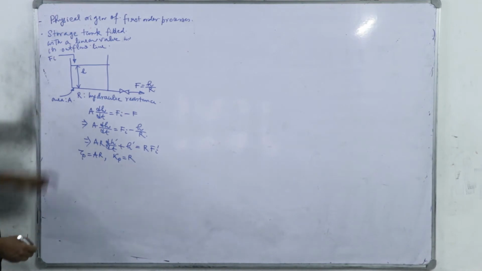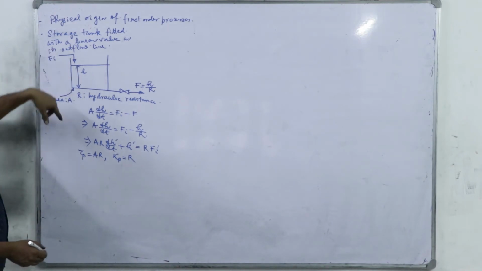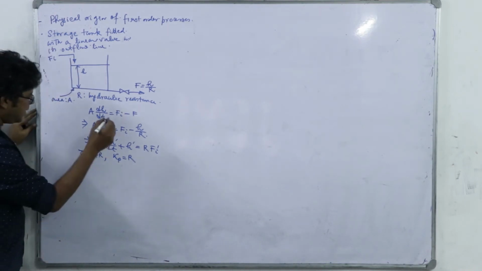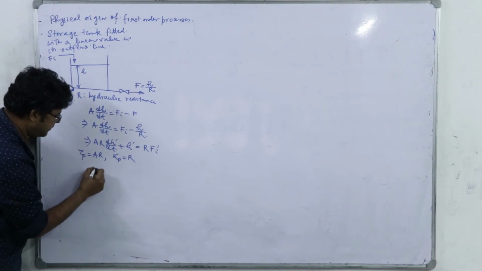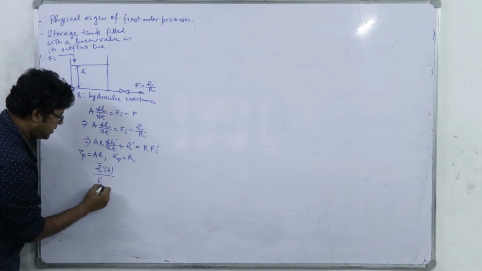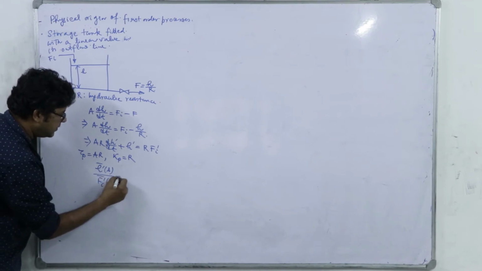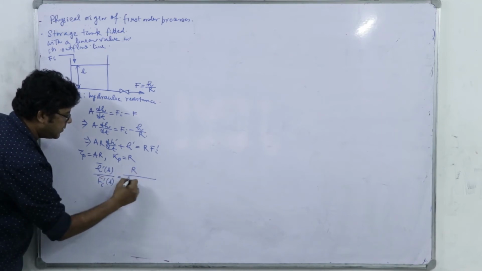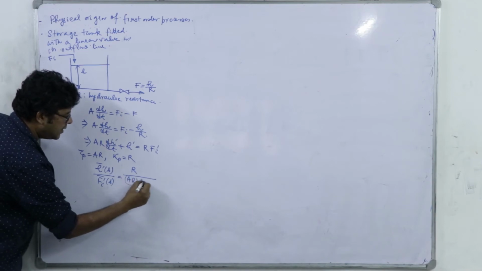Right. So if you change the flow rate Fi, and you take the Laplace transform, H' divided by Fi' bar (s) is equal to R divided by (AR s plus 1).